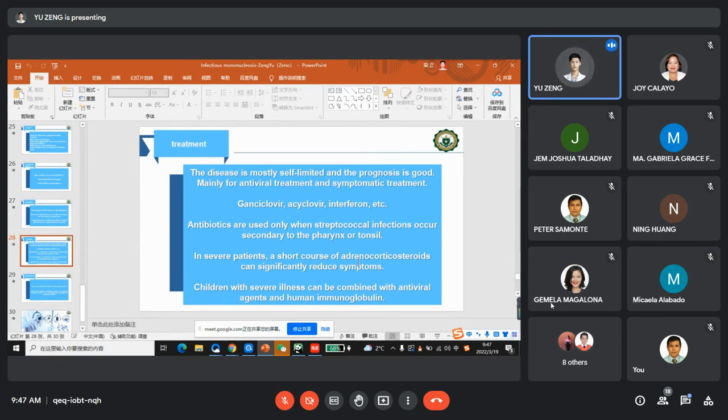Antibiotics are used only when streptococcal infections occur secondary to the pharynx or tonsil. In severe patients, a short course of adrenocorticosteroids can significantly reduce the symptoms. Children with severe illness can be given antiviral agents combined with human immunoglobulin.